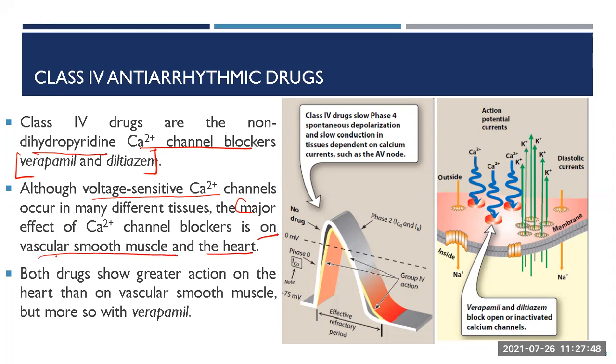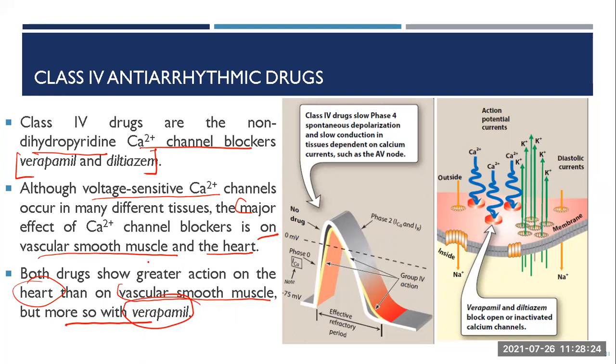Both of these drugs show greater action on the heart than on vascular smooth muscle, but more so with verapamil. So if we have to take one calcium channel blocker, we have to choose verapamil over diltiazem, because it has more profound calcium channel blocking action on the heart rather than on the vascular muscle.